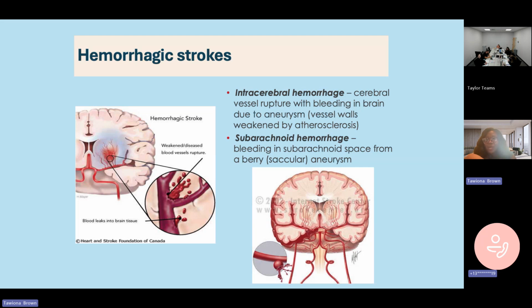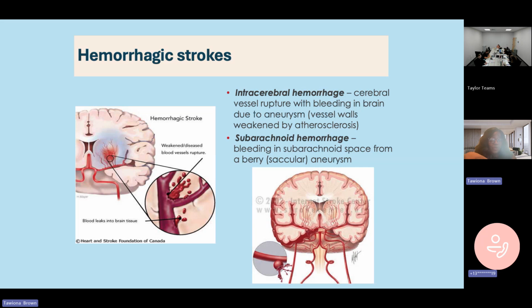And then you can have what's called a subarachnoid hemorrhage. That takes place within the subarachnoid space, the space between the pia mater and the arachnoid mater.